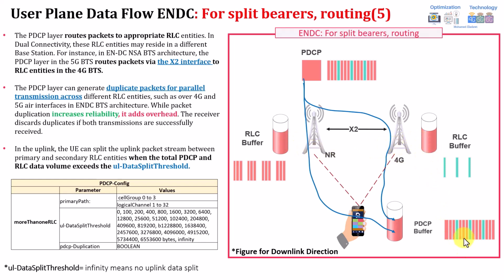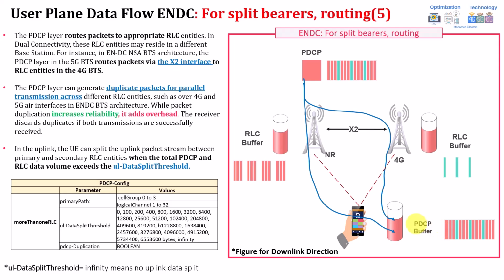So this can increase the delay of those packets. Accordingly, it can cause a kind of data stall, because at the end, the PDCP will not forward the packets to the upper layer until it has the correct sequence. So you should be very smart when you try to tune the parameters in general, because it can impact the user experience, the latency, and sometimes it can cause a kind of data stall.